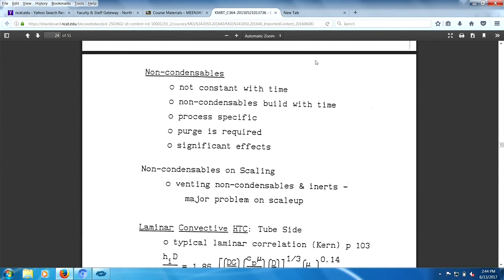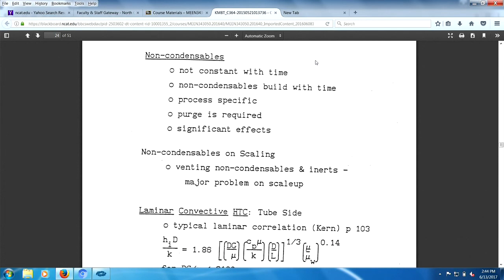Non-condensables. Oh my goodness gracious. So quickly we go to non-condensables. Non-condensables are a first-class pain in the neck, okay, and they often need a purge. Obviously, if you're running a condenser unit where you're condensing water and you have air in the condensing water, then the air is not going to condense and form a boundary, and the non-condensables build up with time and cause significant effects.